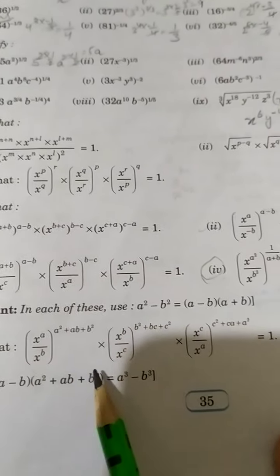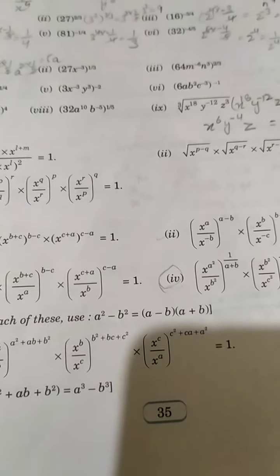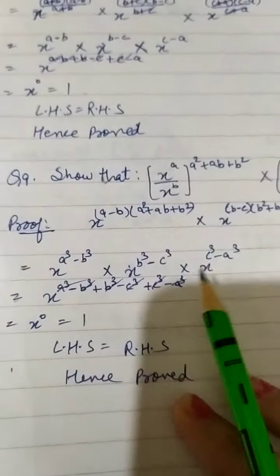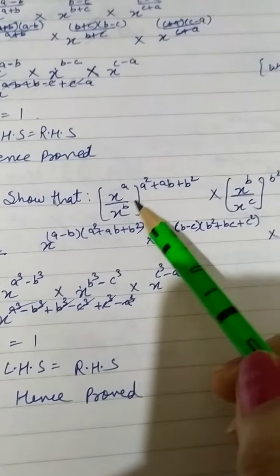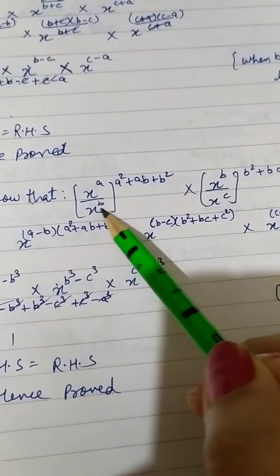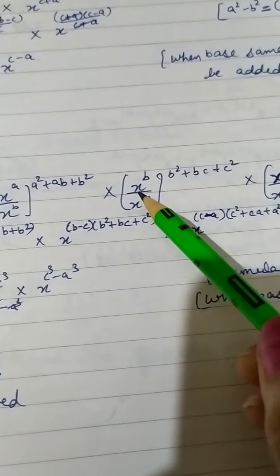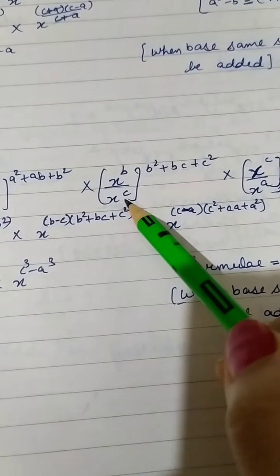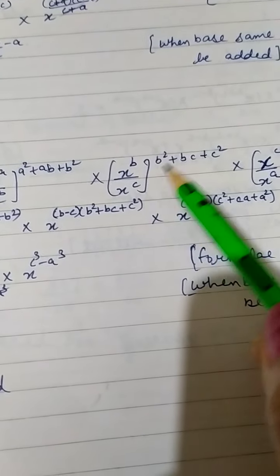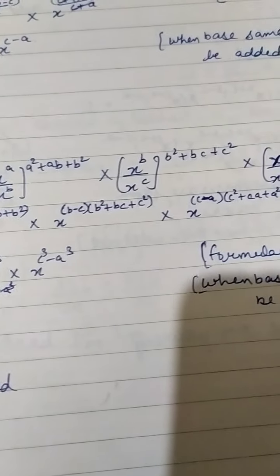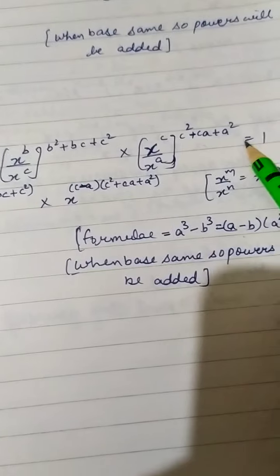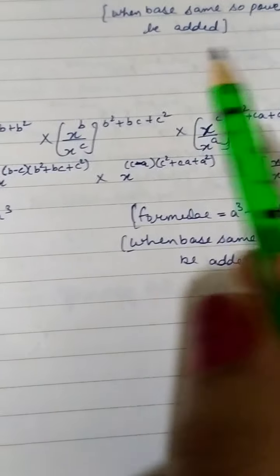This we have to prove is equal to 1. Now see, x raised to the power a upon x raised to the power b, whole power a, into x raised to the power b upon x raised to the power c, whole power b square plus bc plus c square. This equals 1, we have to prove.